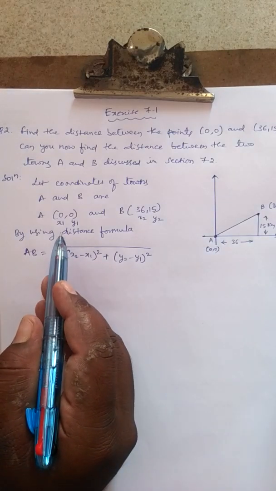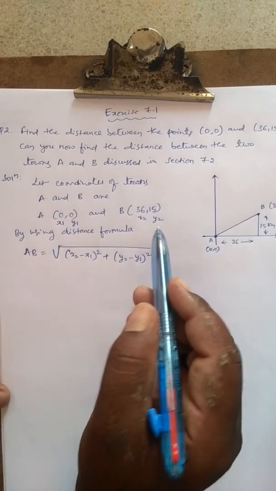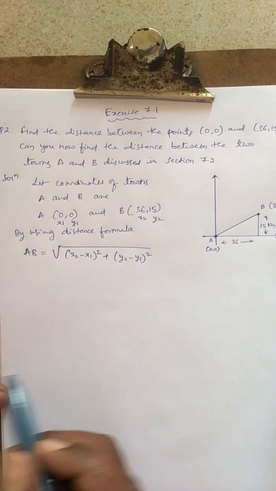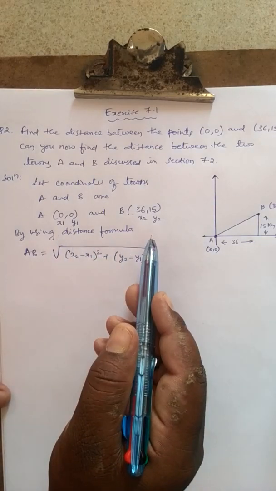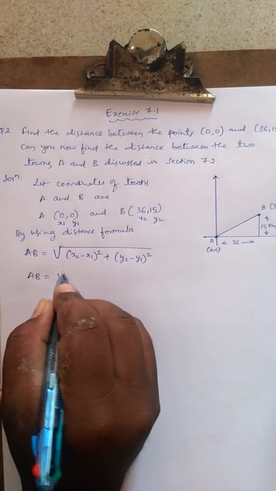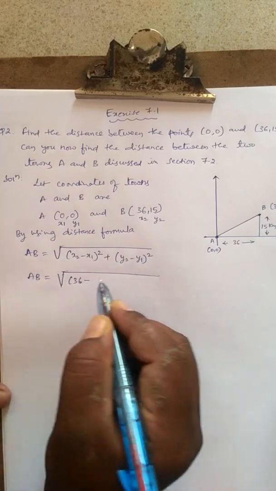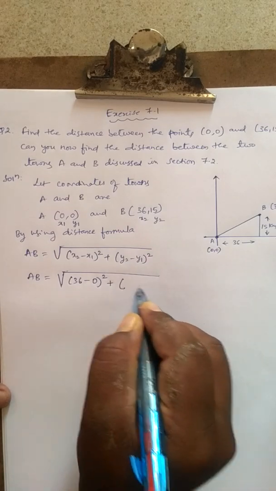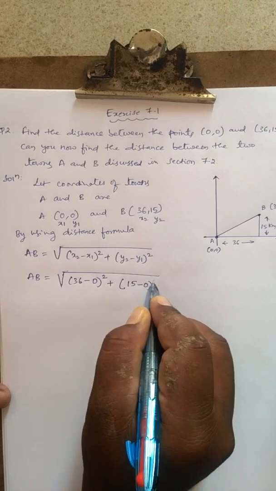Now x1 is 0, y1 is also 0, x2 is 36, y2 is 15. Now we substitute the x1, y1 values and x2, y2 values in this distance formula. So AB is equal to under root x2 is 36 minus x1 is 0 square plus y2 is 15 minus 0 square.